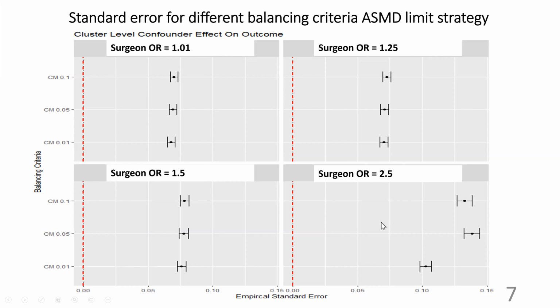But as soon as the odds ratio for the surgeon confounder is 2.5, having a matching criteria limit of 0.01 actually offers you quite a bit of improvement compared to 0.05 and 0.1.